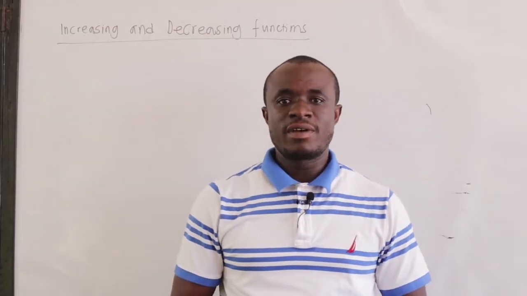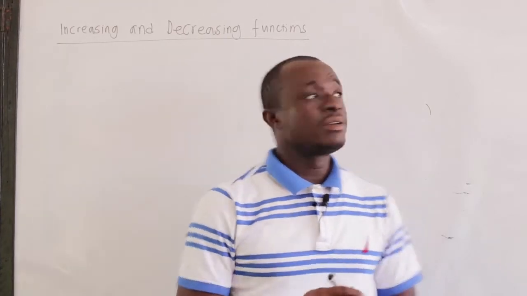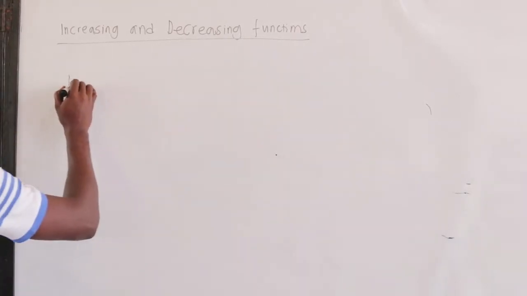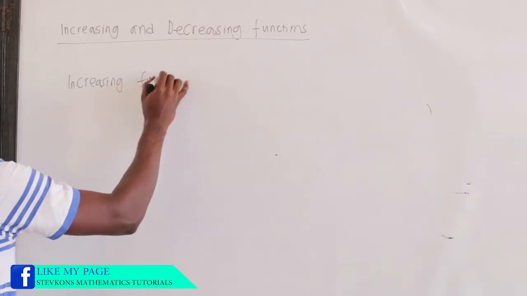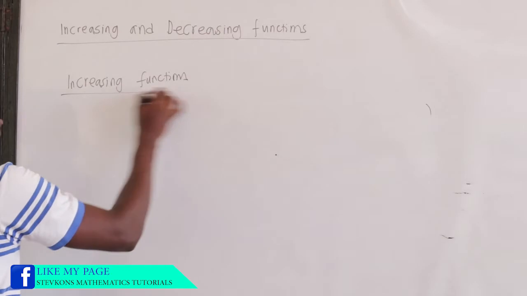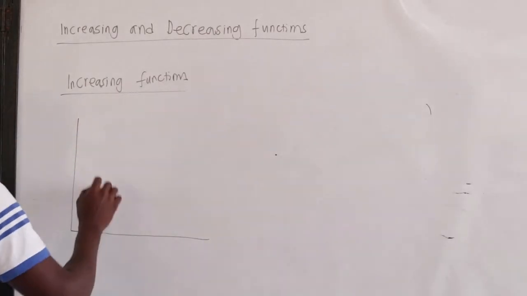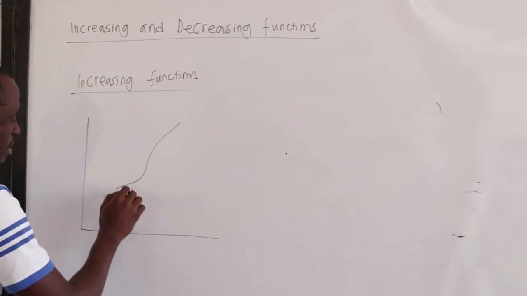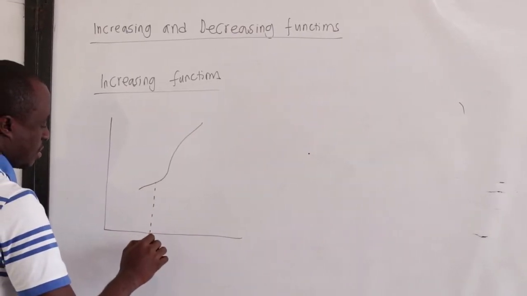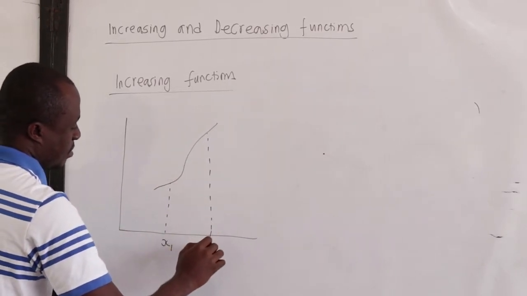So let's start. Our first is increasing and decreasing functions. Now, when do we say a function is increasing? So we consider increasing functions. Now, if we have a curve, let's suppose that this is x1 and then also we have x2.